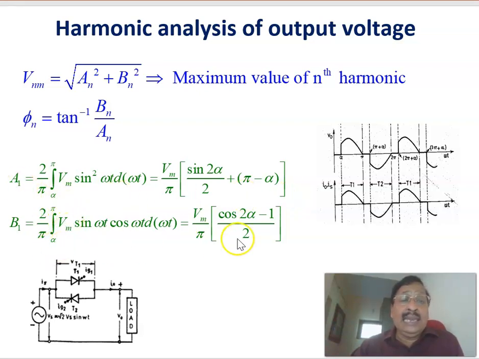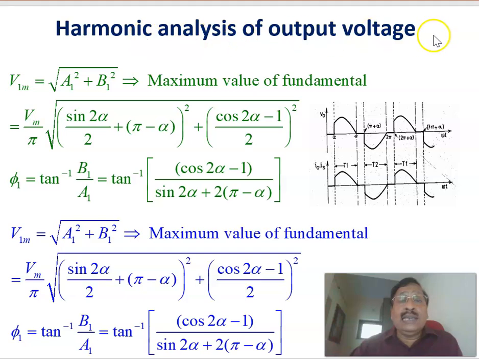The other Fourier constant B1 for the fundamental is 2/π ∫ from α to 2π of Vm sin ωt cos ωt d(ωt), which gives Vm/π [(cos 2α − 1)/2]. Having A1 and B1, the fundamental maximum value is given by the square root of A1 square plus B1 square. That is the maximum value of the fundamental, and its RMS value is that maximum value divided by root 2.